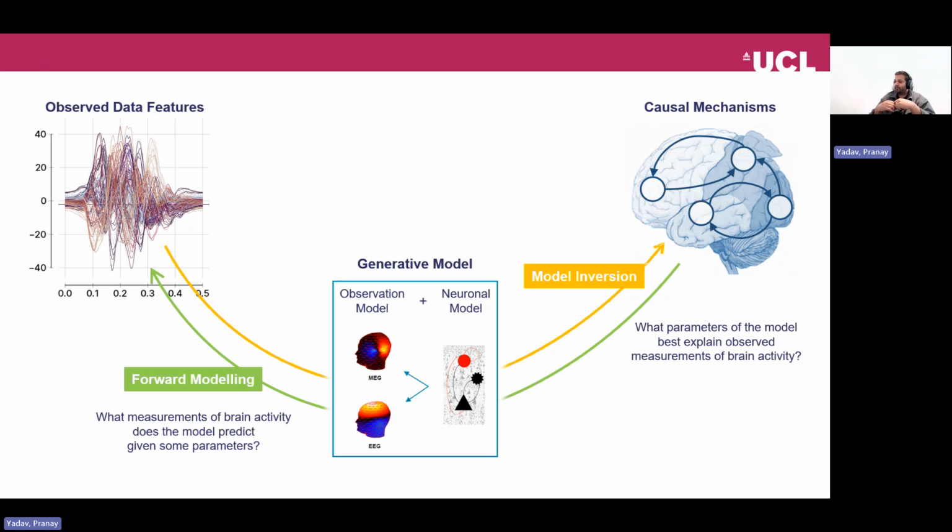Then we saw cases where by varying certain parameters, we could produce specific changes to the power spectrum, basically forward modeling. We also saw an example where these models were inverted from data, and the parameters of the model that best explained measurements were investigated.